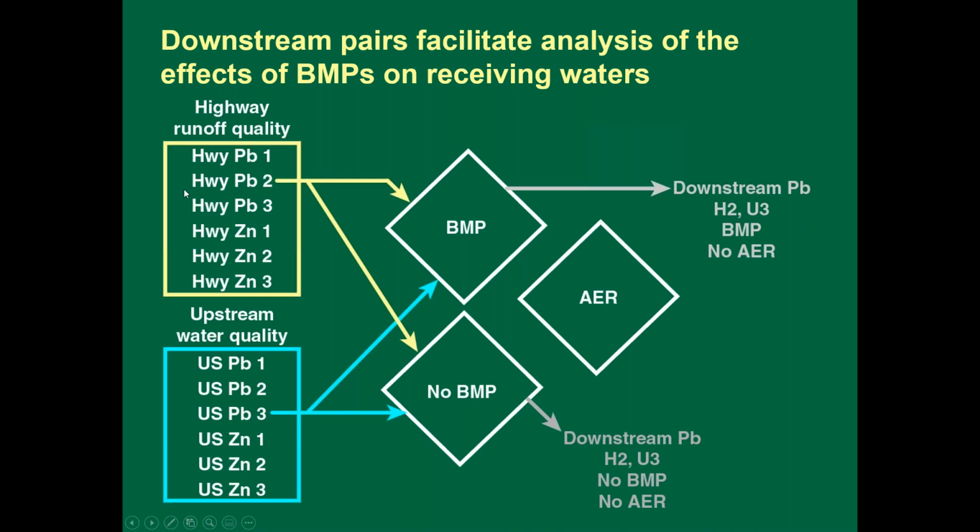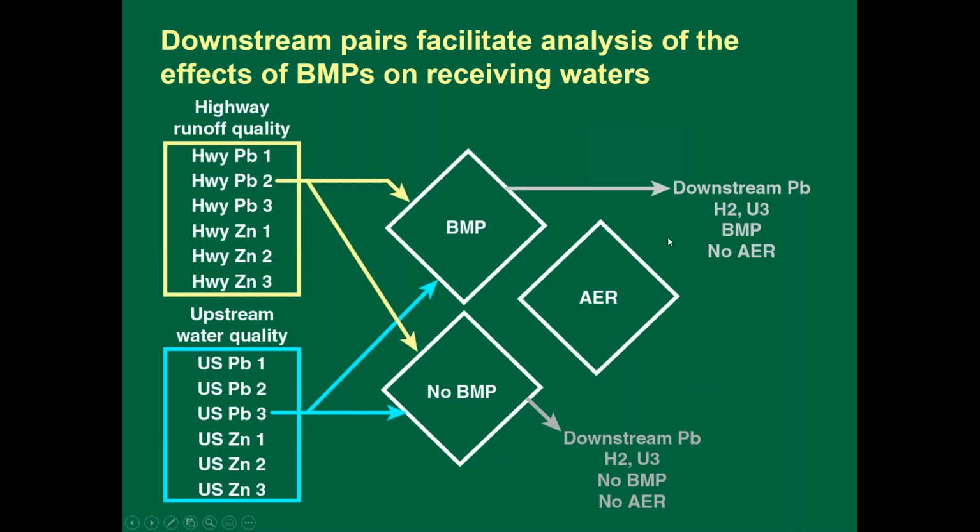In each case, let's say we're using highway lead 2 and upstream lead 3, and then you can see we're feeding each one into a downstream pair. One has a BMP and one does not have a BMP. That's most commonly what we're doing. We're simulating a pair of constituents with and without a BMP, or in the same run, you can do multiple pairs with and without a BMP.